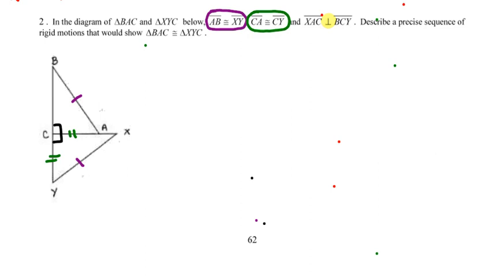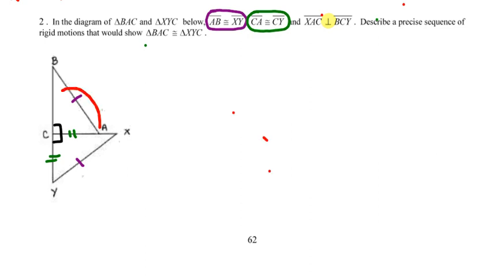My mission, like the first example, is to describe that precise sequence of rigid motions that maps one figure onto the other, causing them to be congruent to each other. So I'm going to take a look and see if I can find a sequence of rigid motions that'll map one triangle onto the other.